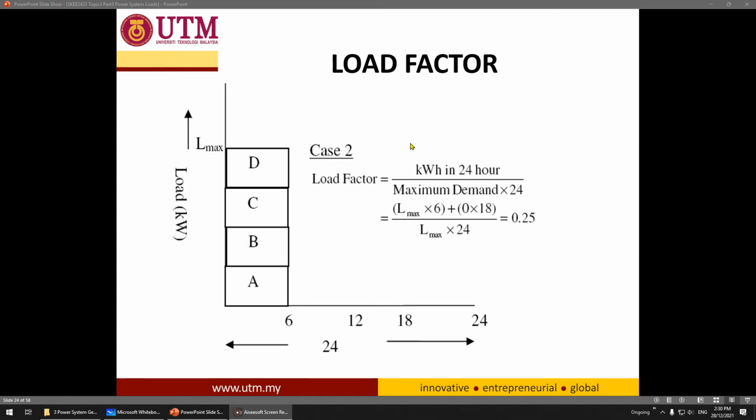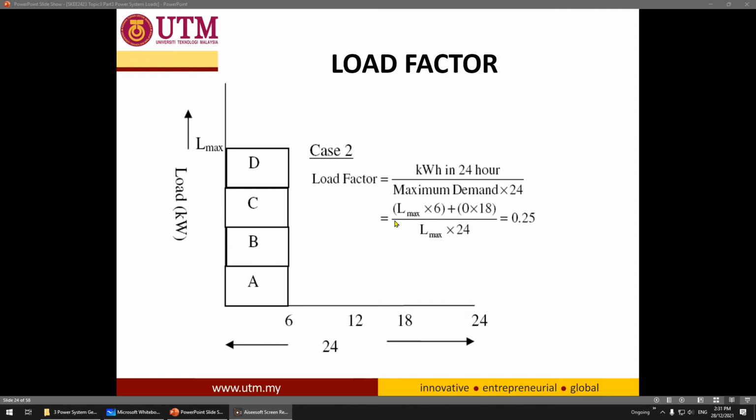How about case number 2? This is the Lmax, the maximum load demand. The average is L multiplied by 6, where L is the power for 6 hours. The power multiplied by 6 gives you the energy, and then plus 0 multiplied by 18, because this is an empty space.